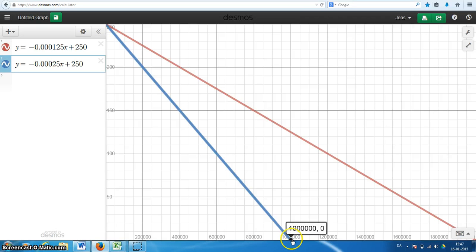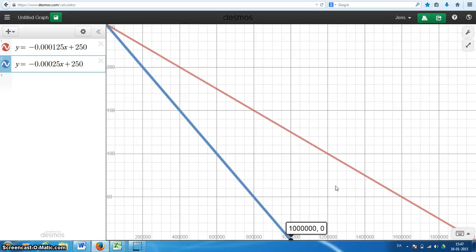However, at this point where we sell 1 million units, marginal revenue is equal to 0. And if we go beyond 1 million units, marginal revenue will be negative, meaning that if we lower the price further in order to sell more units, the revenue will actually decrease.